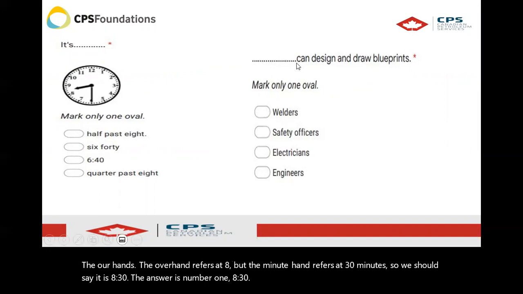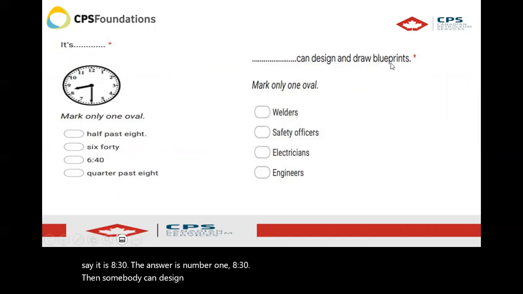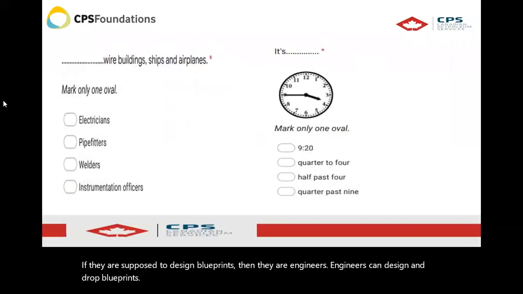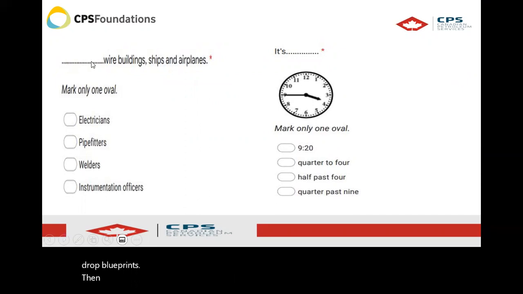Then somebody can design and draw blueprints. If they are supposed to design blueprints, then they are engineers. Engineers can design and draw blueprints. Then somebody wires buildings, ships and airplanes.